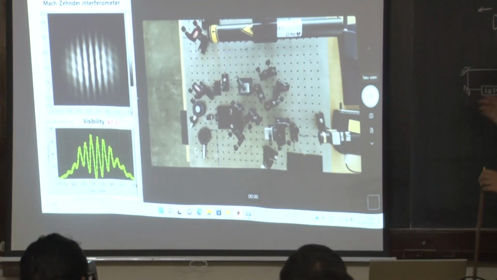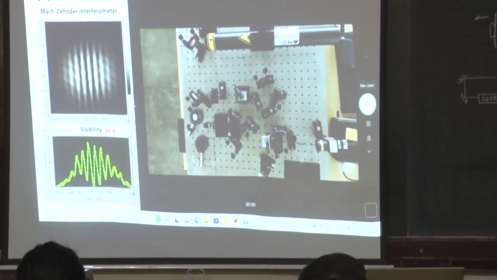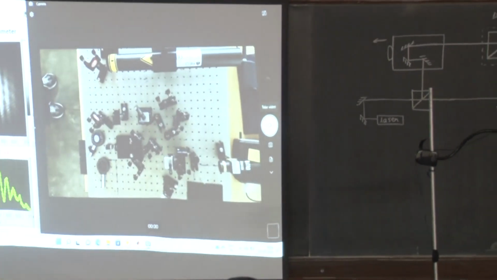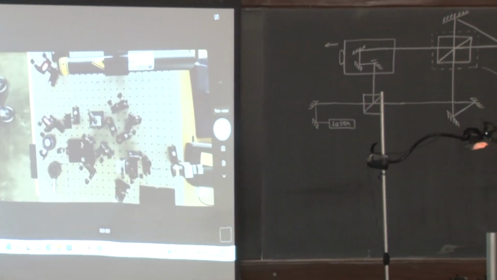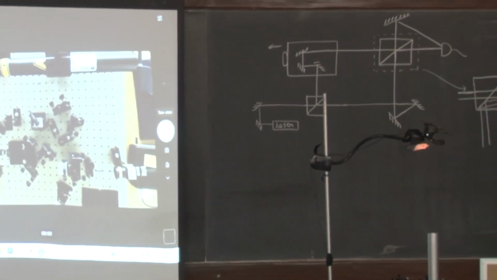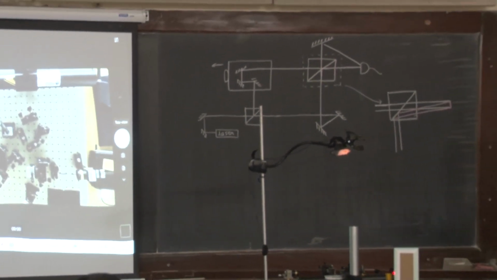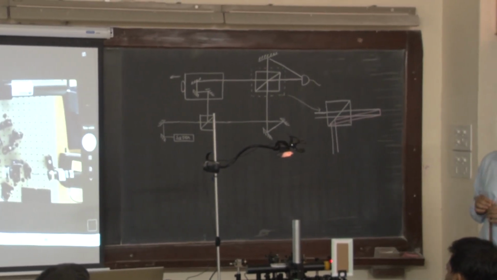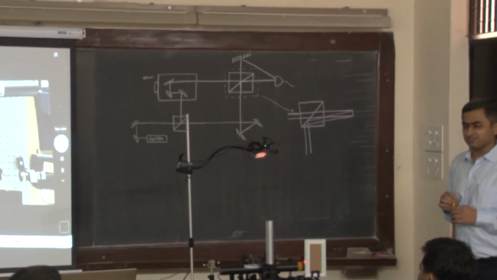Of course, we are talking about the temporal coherence of these two beams, these two possibilities. It's very high spatial coherence, but can we say nothing about temporal coherence, or temporal coherence is very high, or temporal coherence is very low? Or this information is just not sufficient?